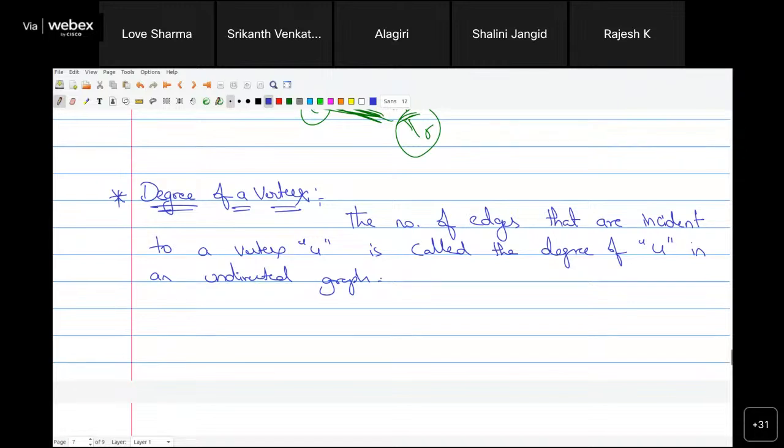How many edges are connected to vertex U is called the degree of vertex U in an undirected graph. This you have to note. So degree I will talk about only for an undirected graph, and I will say for a directed graph what we will call. So for example, let me take a small example.